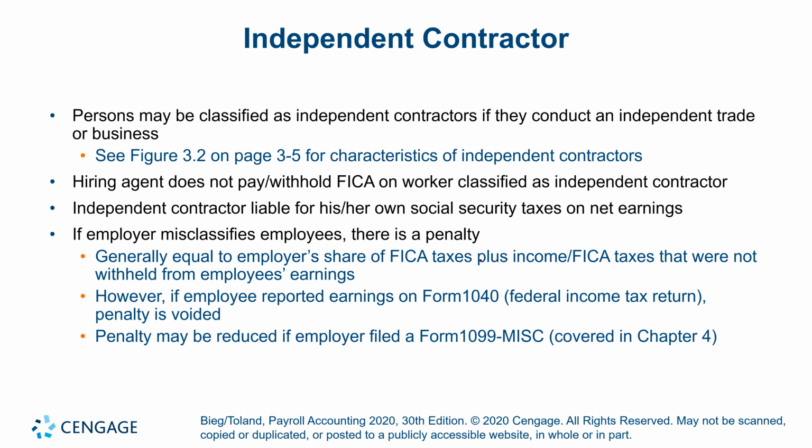Okay, independent contractors. An individual is classified as an independent contractor if they conduct an independent trade or business. And again, it shows us some examples of these on page 5 of chapter 3, or 3-5.